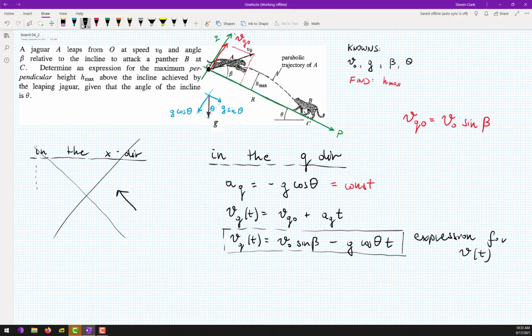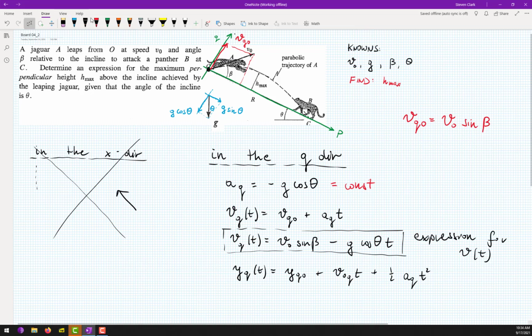Now position. Let's do y_q. That will be y_q0 plus v_q0 t plus 1/2 a_q t squared.